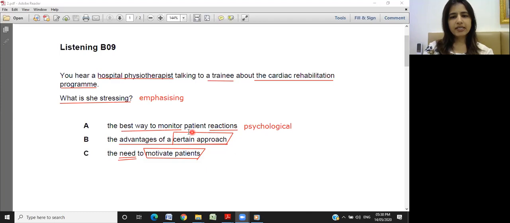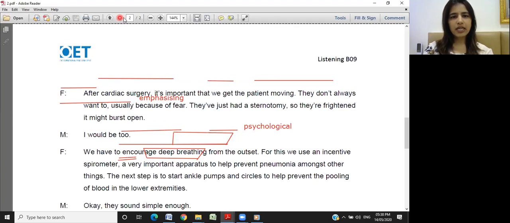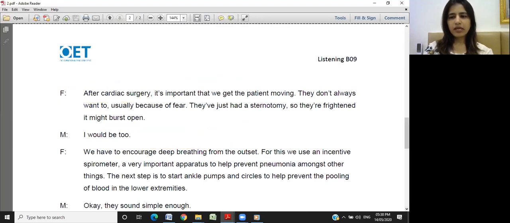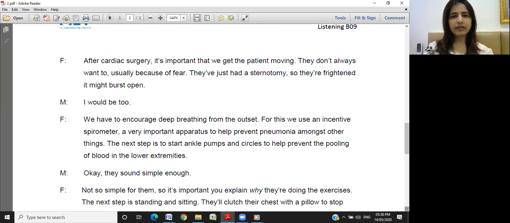So we discussed that it has to be a certain approach. Was she talking about a specific approach, or whether it was a range of things that were being described? Look at this. The transcript is right from the beginning.